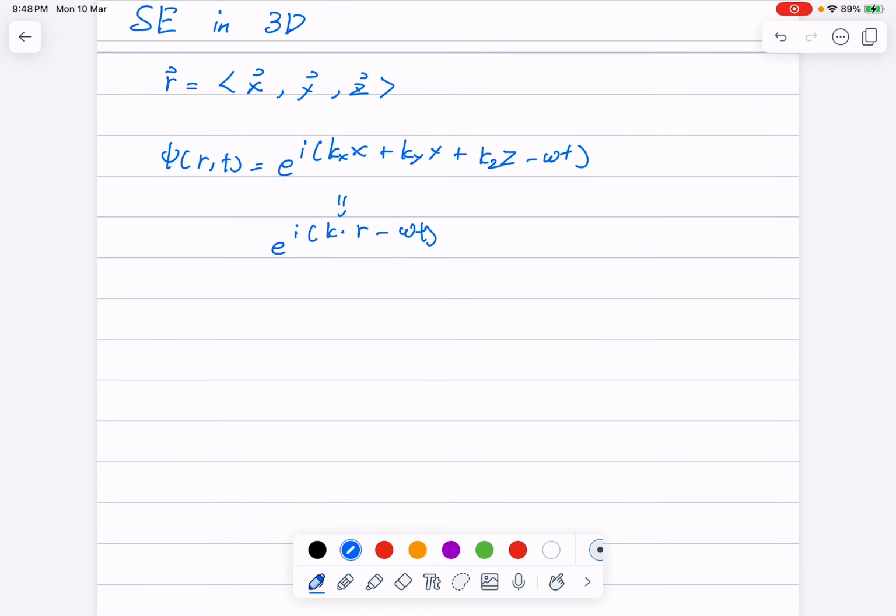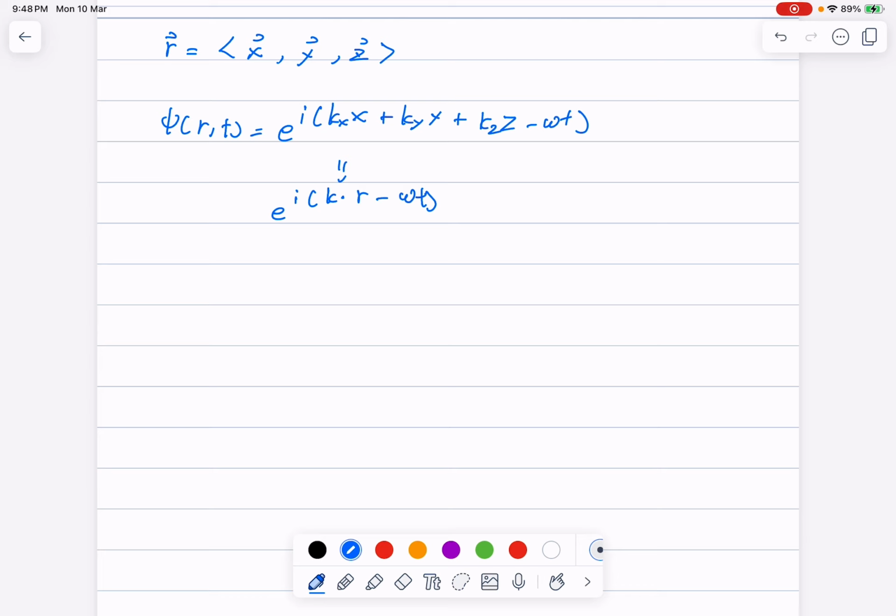Notice that only the momentum portion, or the kinetic energy portion up here, has three parts to it, so we could generalize this. Remember how we derived the momentum operator?